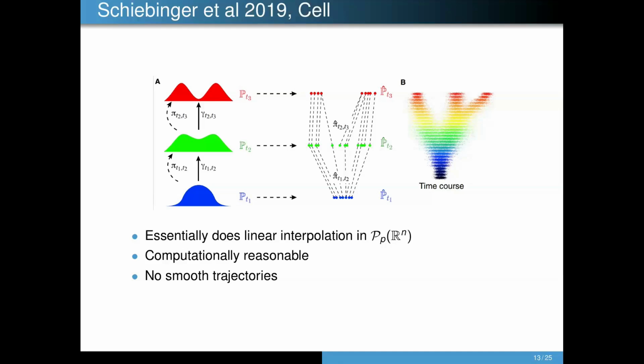So we're going from bottom to top in time. And the way they did their interpolation is as follows. You start in the blue, you compute optimal transport from the blue to the green, and you connect dots based on that. Then you're in the green, you compute optimal transport from green to red, and you connect points by that. And this is the middle plot you can see.